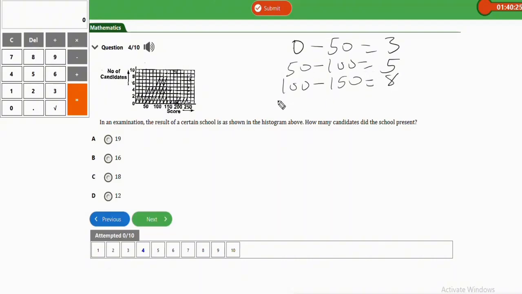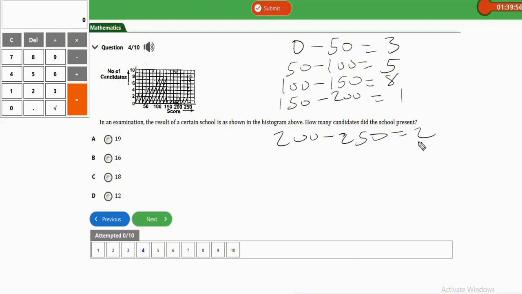Alright, those that scored 150 to 200, when you trace it on the histogram, you have the value to be 1. Alright, those that scored 200 to 250, when you trace it on the histogram, we have the value to be 2.